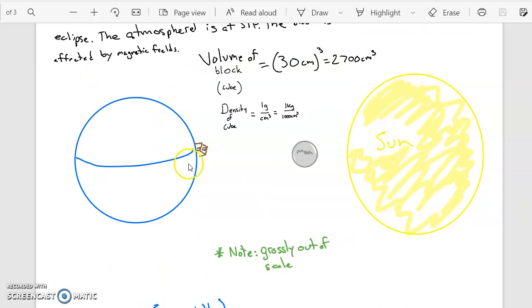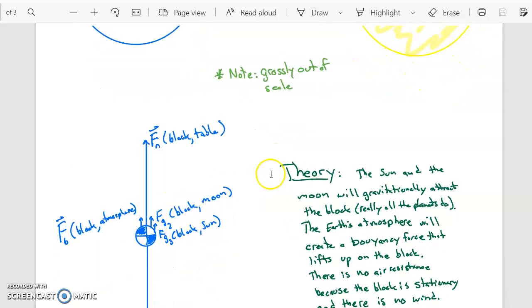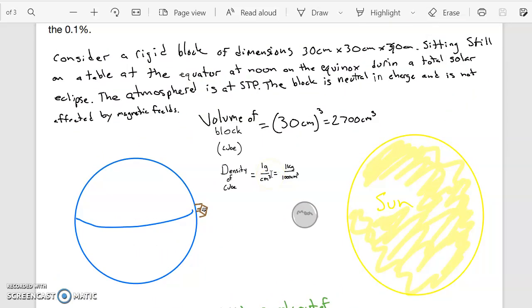The sun is also over here. Again, not to scale in any way, shape, or form, but the sun is over here, and that sun also attracts it up. One of the things I want to mention is why we had to talk about this being at the equinox, during a total solar eclipse: if the moon is over in this position over here, then it actually pulls it in this direction. So it's no longer in a vertical direction.